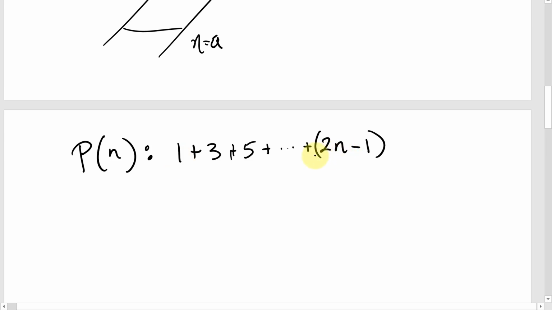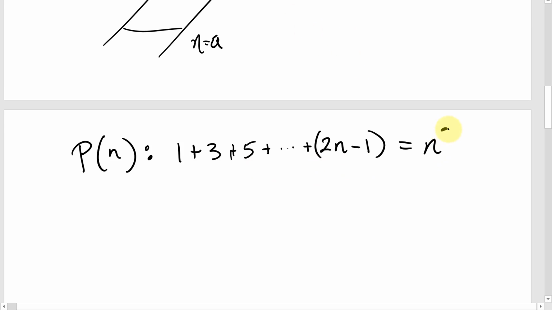When n is 2, you get 3. If n were 3, you'd have 2 times 3, which is 6, minus 1 gives you 5, the third odd. So this is an odd value that follows each of the previous odd values, and the statement is that summing up those n odd values gives you the number of values squared.